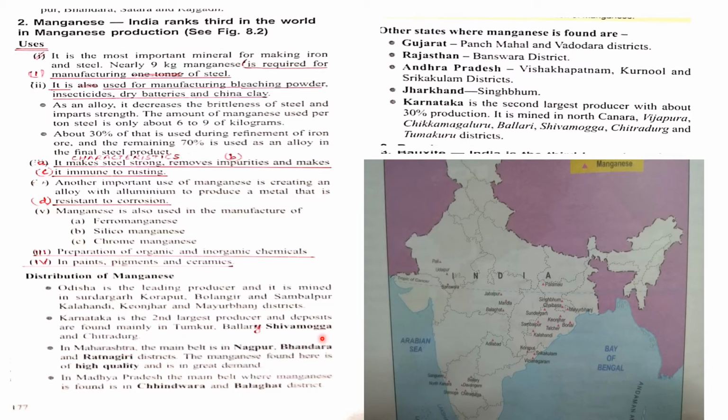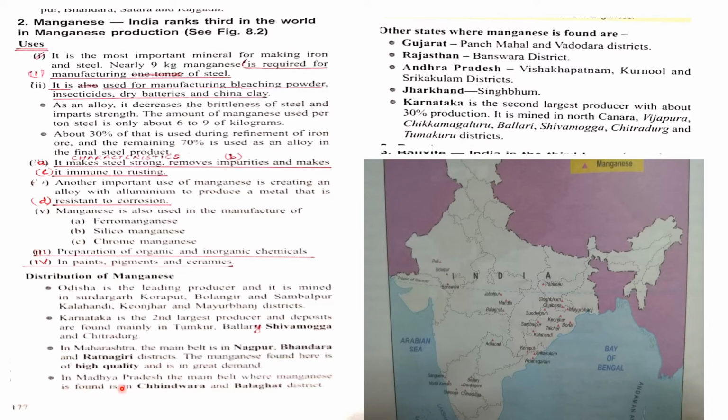The correction you must have made in the previous class, that is in iron ore. Then in Maharashtra, the main belt is in Nagpur, Bhandara and Ratnagiri districts. The manganese found here is of high quality and it is in great demand.